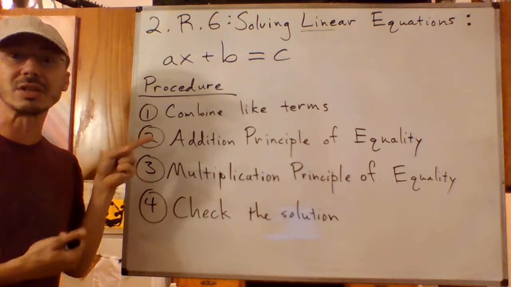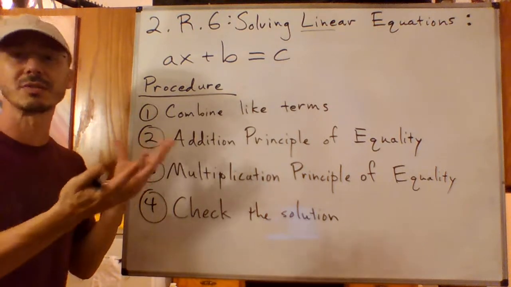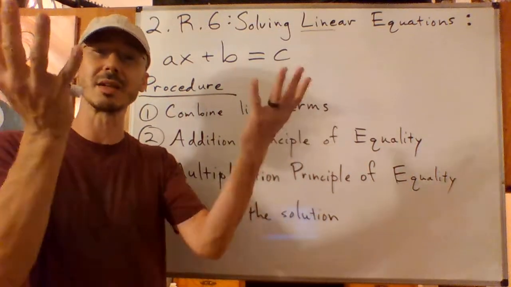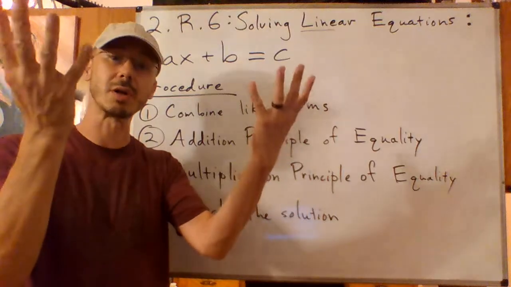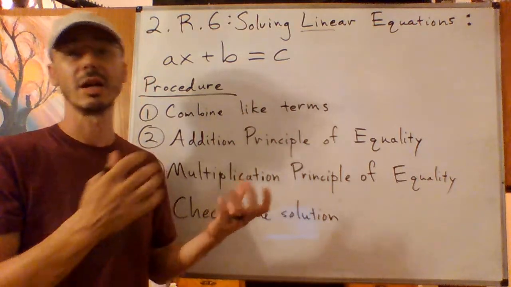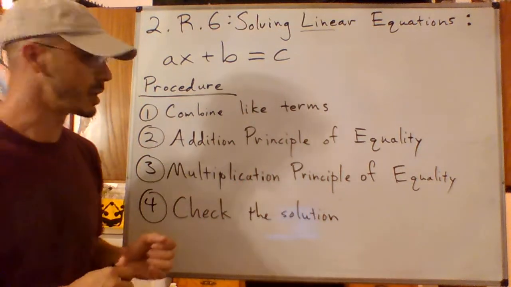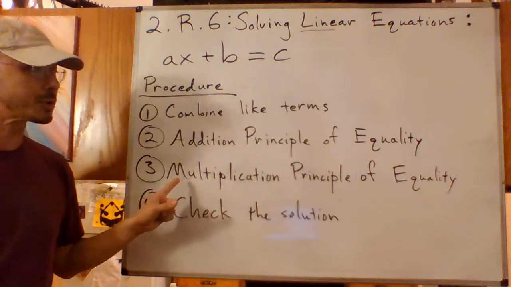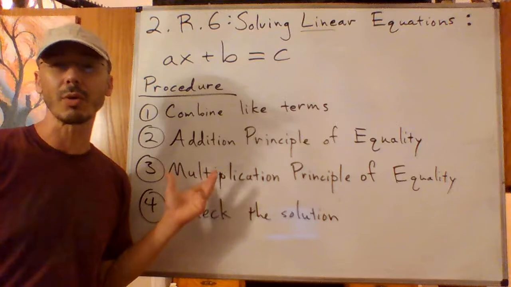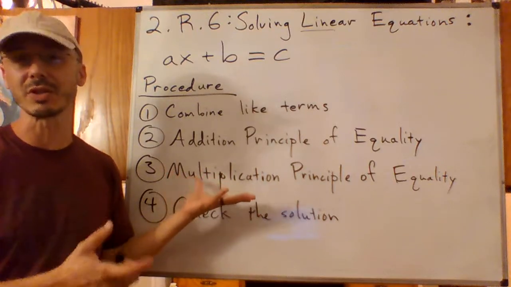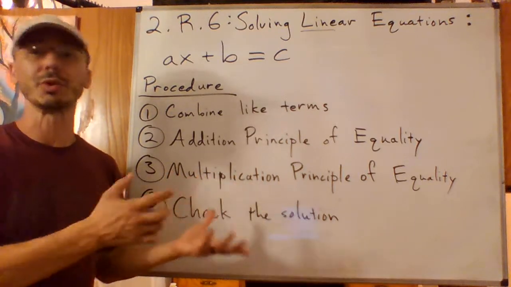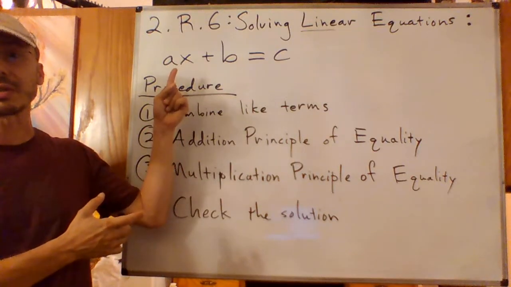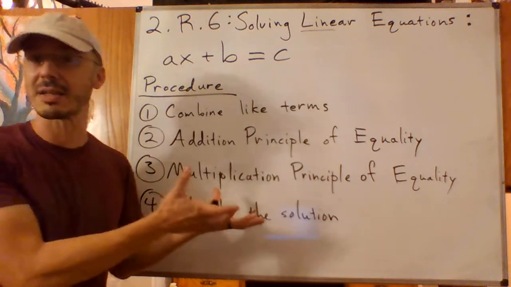Then we'll use the addition property of equality, that we can add the same number to both sides of the equation and have an equivalent equation, getting us closer to the solution. The next step is to use the multiplication and division principle, to multiply or divide to get rid of the coefficient of the x and to get the x by itself.